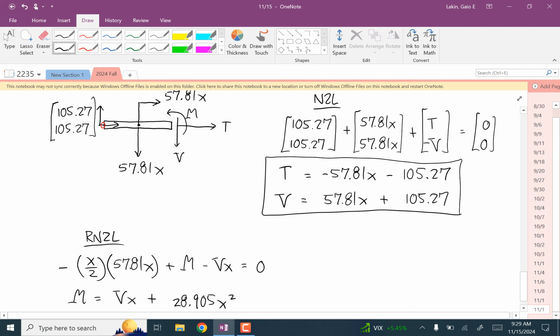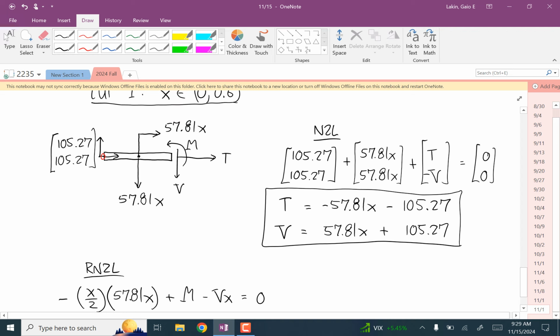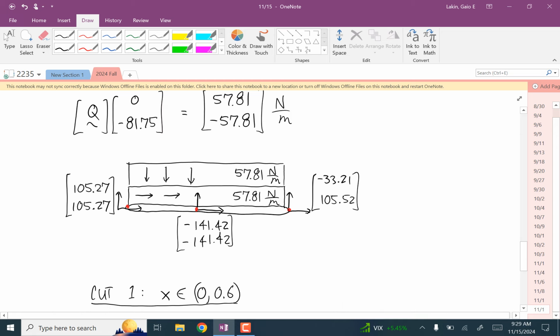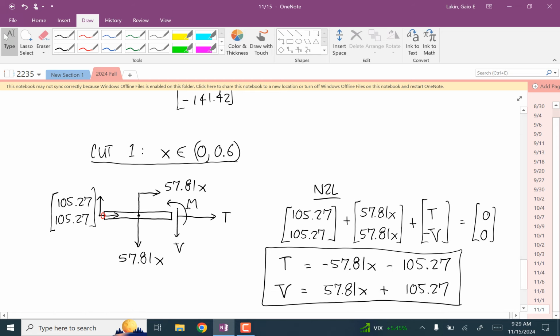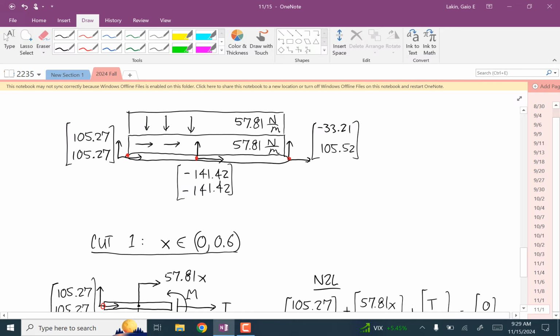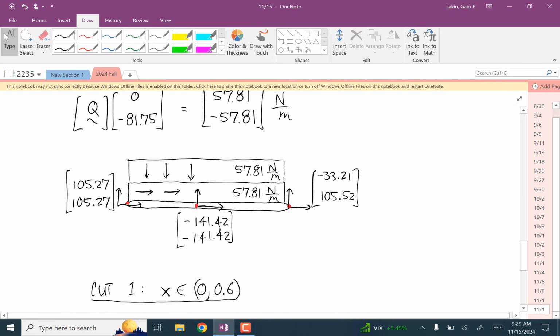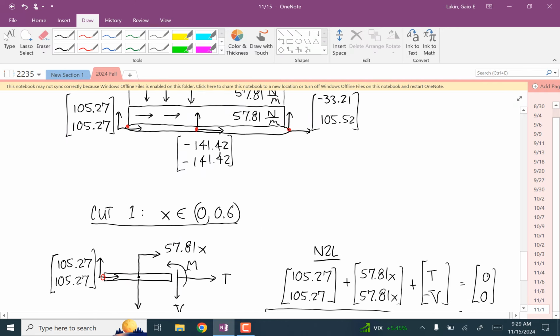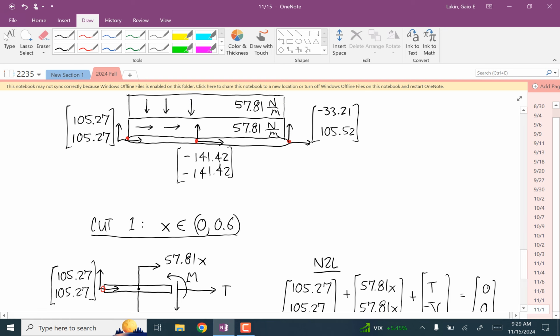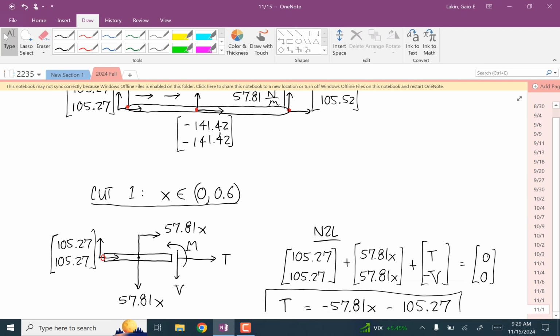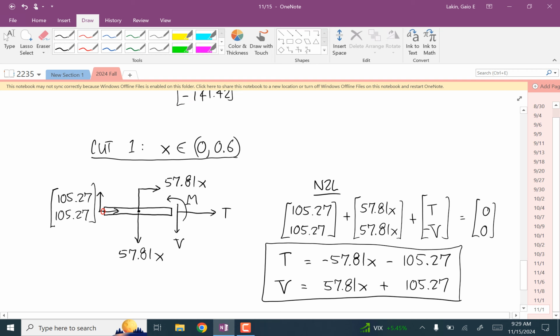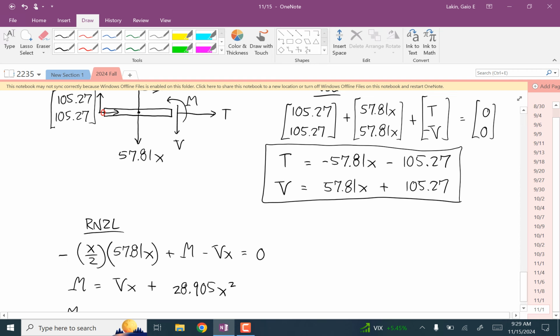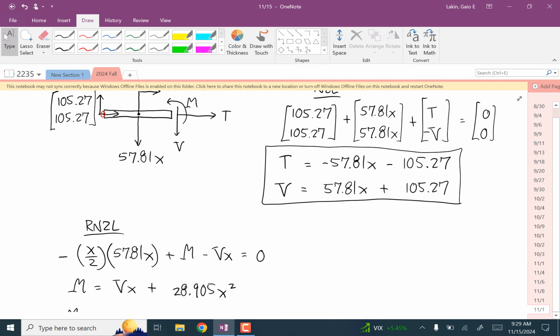That's clockwise, so it's negative v. Okay, a minus. Yes, your 57.81.